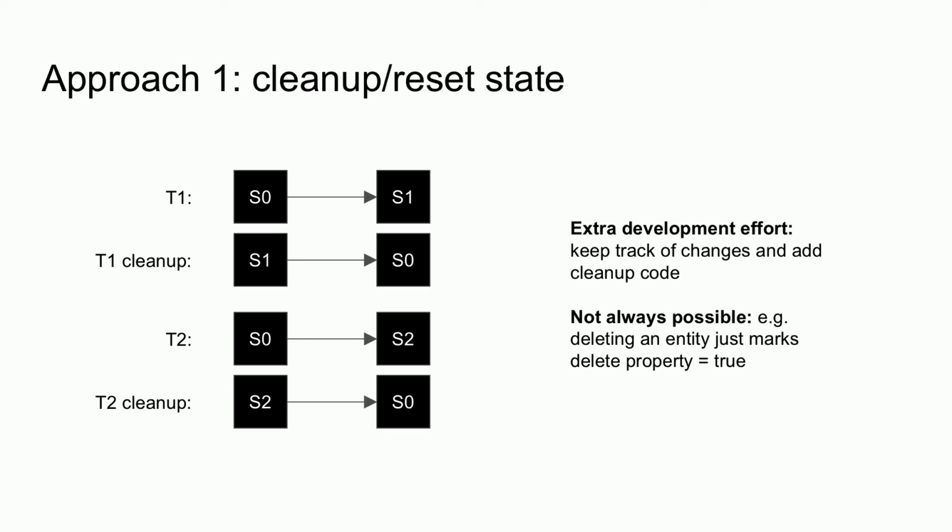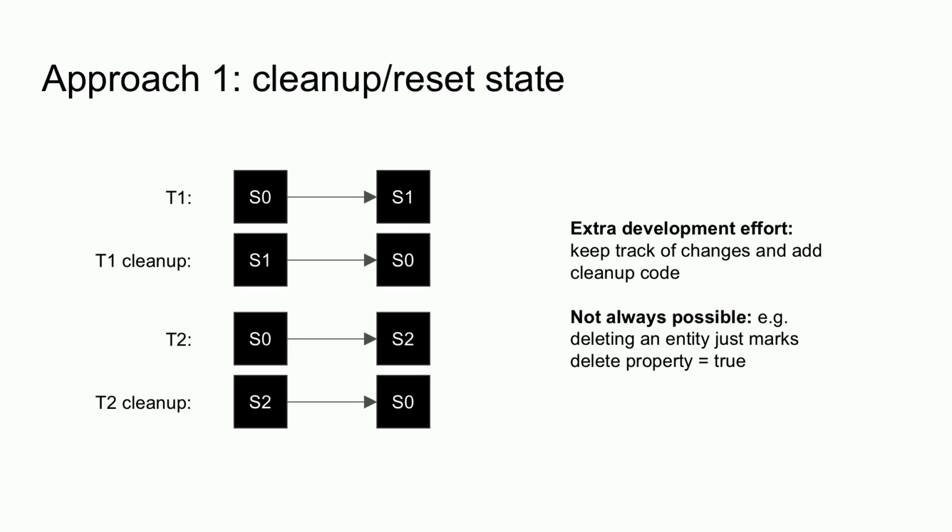So basically, we run test 1 against the system. After that, we run some cleanup code that will reset the state to the initial one. And so does each test. What it means? It means that we have an extra development effort. We have to track what entities we have created, and then we have to clean them up.